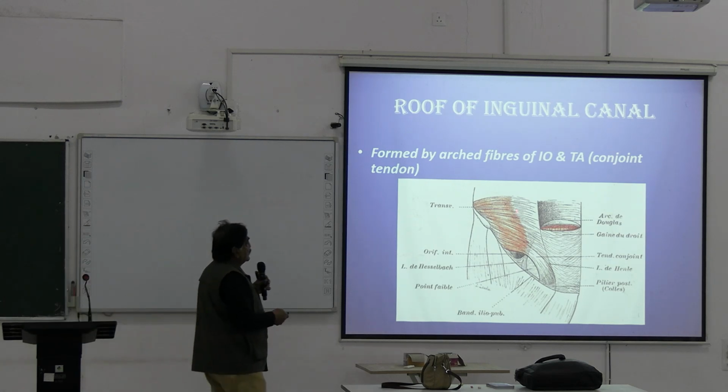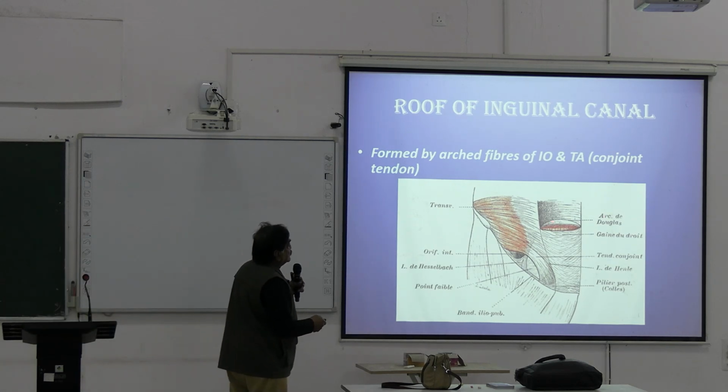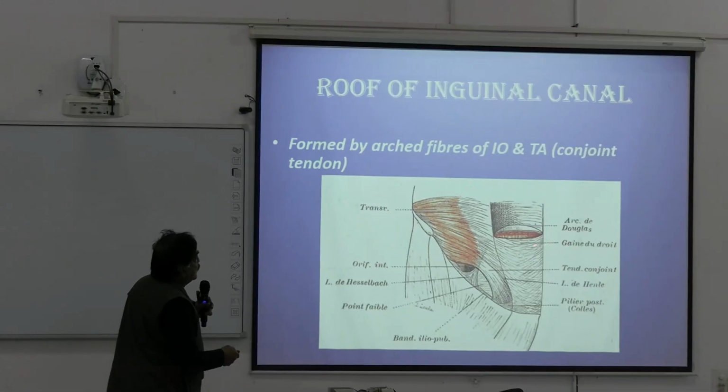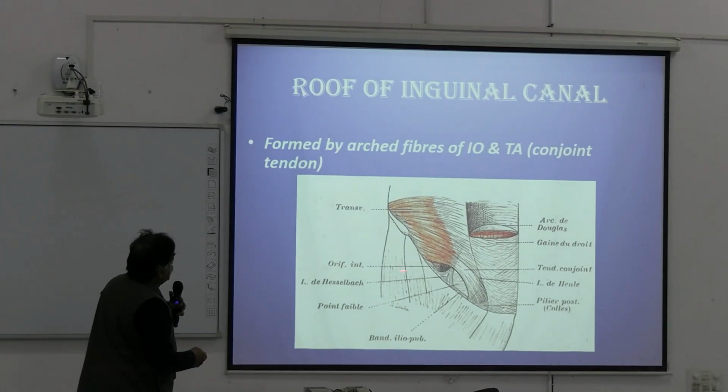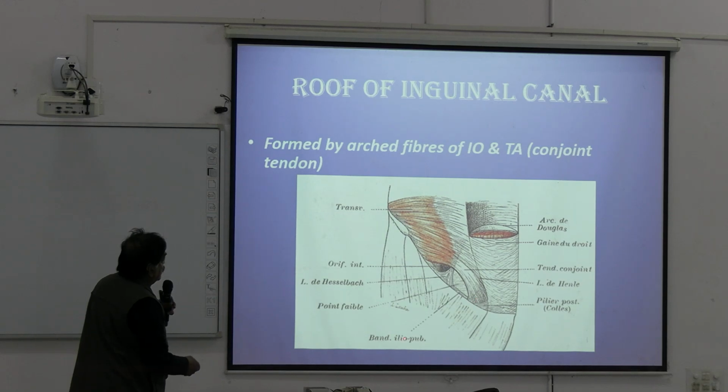Now, this is the transversus abdominis muscle, the arch of Douglas, and you can see the orifice of internal oblique, Hesselbach's triangle point. This is the conjoint tendon and iliopubic tract band over here.